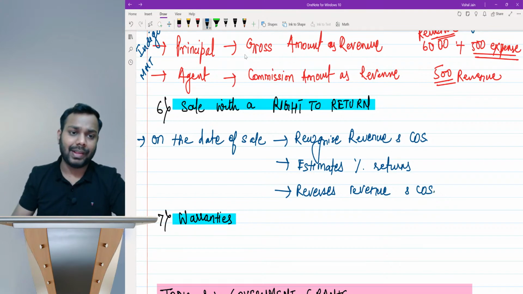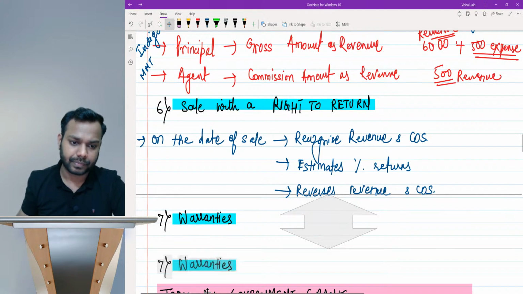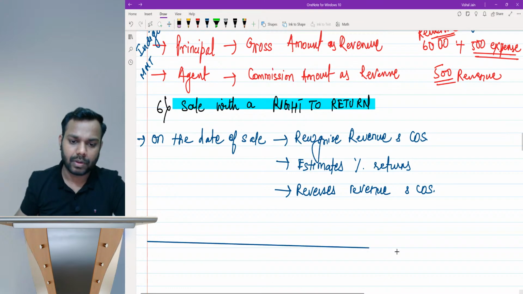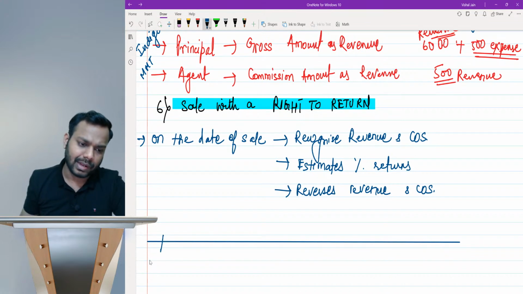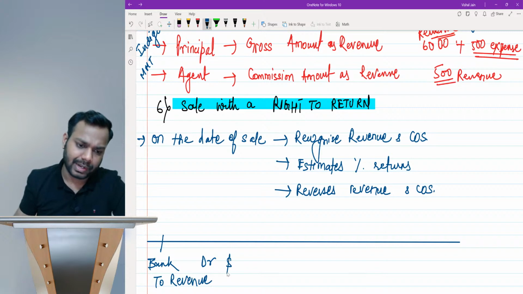So now let me take up an example for that. Let's suppose the company has sold goods of $10,000, so it will recognize bank account debit to revenue $10,000.